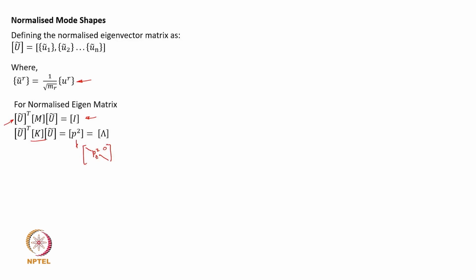So, therefore, you can show that this multiplication will result either equal to 0 or equal to the square of the natural frequency. Now, the diagonal elements turn out to be square of the natural frequency. This matrix is also called a spectral matrix, and it will have the form as you can see here.